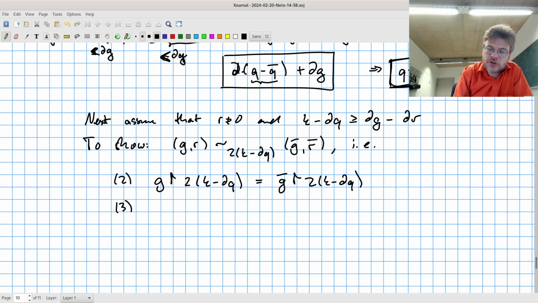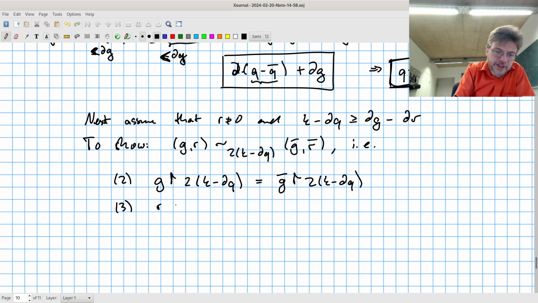So I'm just writing down the definition of this equivalence relation. It says that the first two components agree up to so much, and now I will write the second components agree up to so much minus the difference of the degrees of g and r.